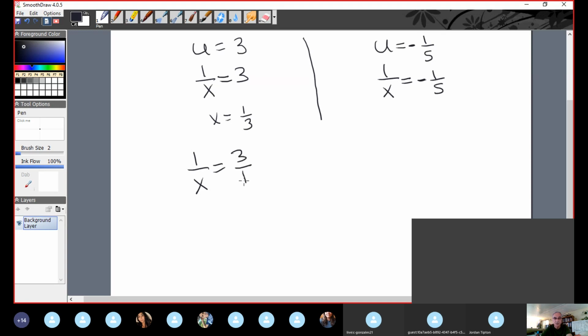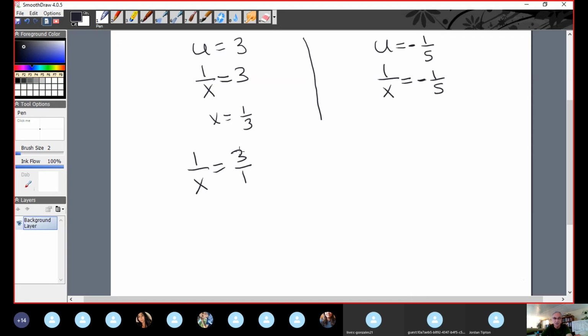You consider it like a proportion, and 3 is a whole number, so you write 3/1 and apply cross multiplication. So x times 3 is 3x, and 1 times 1 is 1. Finally, divided by 3, you get 1/3. Here, in order to do it fast, flip it: x equals -5.